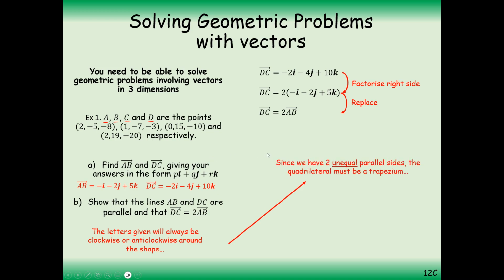So in this case, our quadrilateral is actually a trapezium, because two sides that are parallel to each other are not the same length. It cannot be a parallelogram, it cannot be a rectangle, and it cannot be a square. The only possible quadrilateral that has two parallel sides of different lengths is a trapezium.